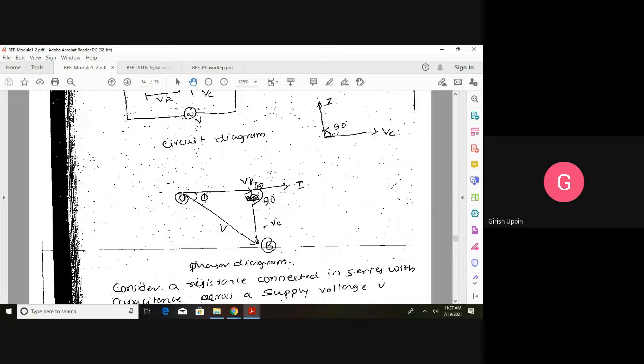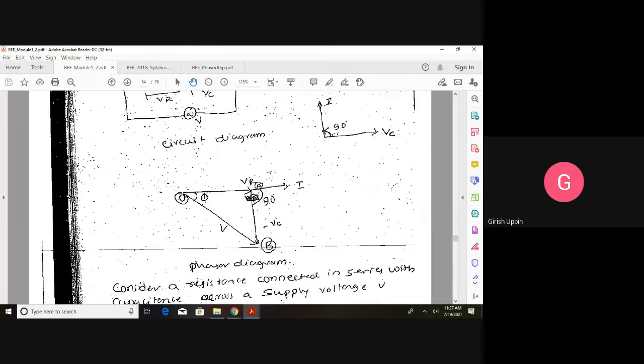Again we will check the relation. In case of a resistance, VR and I are in phase, meaning the angle between them is 0, and for the capacitor, the current is leading the voltage VC by 90 degrees. If we join these two points O and B, that is nothing but the applied voltage V. So this is the applied voltage V, this is VR, this is minus VC, and this is angle phi.